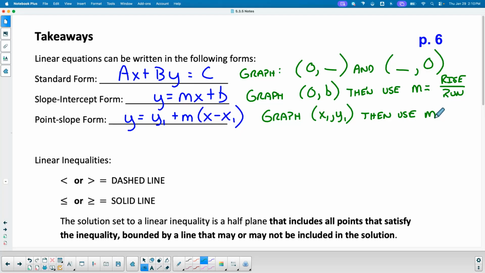The kicker with that is that they're in reverse order, and x sub 1 is inside a set of parentheses, so you need to think opposite of that.